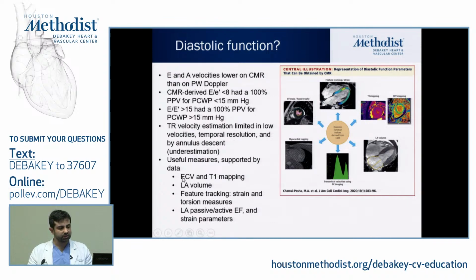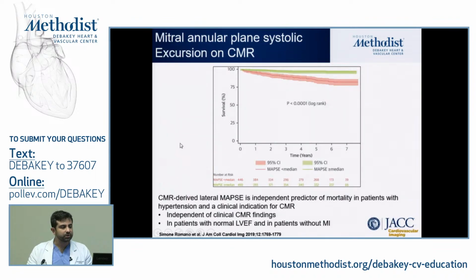You can get other measures such as your interstitial fibrosis inferred by ECV and T1 mapping, as well as your strain parameters, and those have always shown promise in multiple studies, but they're not as adopted in the clinical setting compared to just a traditional assessment.